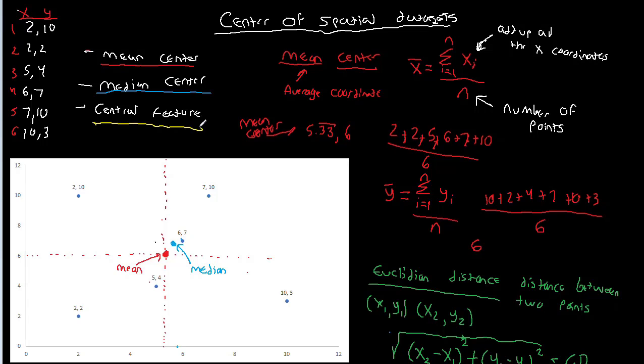So up to this point, we've talked about mean center, which is just the average coordinate in the x and the average coordinate in the y, as a good estimate of what the center of the data set could be.